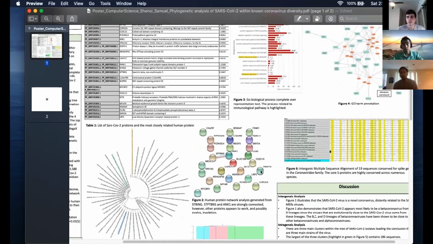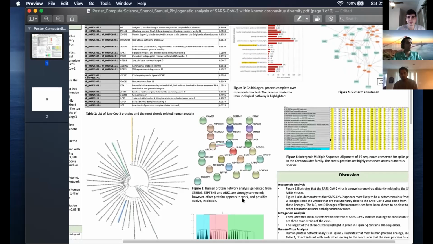We then threw those viral proteins in the STRING database and got this network interaction. We found that only two of the proteins were really connected with each other. Everything else really functioned independently. This led us to the conclusion that these proteins appear to work and perhaps even evolve in isolation.